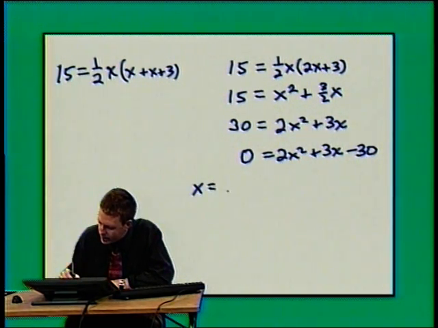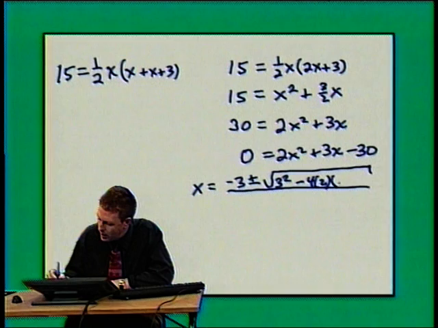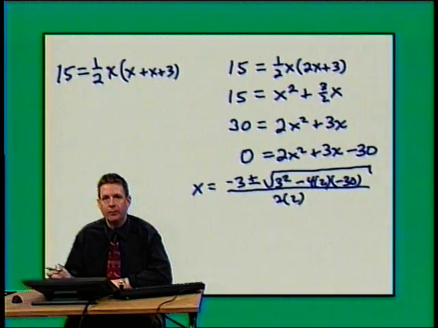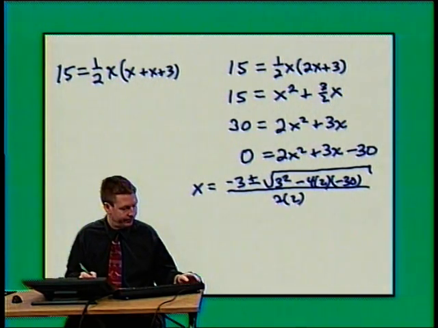x is going to be the opposite of 3 plus or minus the square root of 3 squared minus 4 times 2 times negative 30, all over 2 times 2. Let's go ahead and find the value of the radicand.